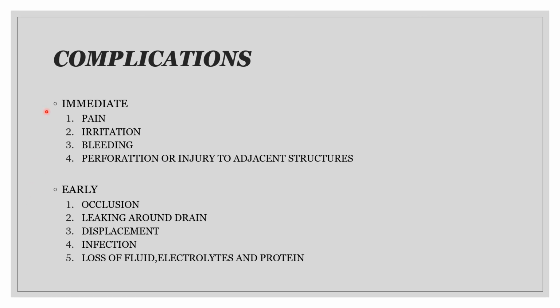What are the early complications? Early means after surgery. It could get occluded, leak around the drain, get displaced, the drain site can get infected, and there could be excessive loss of fluid, electrolytes and protein.